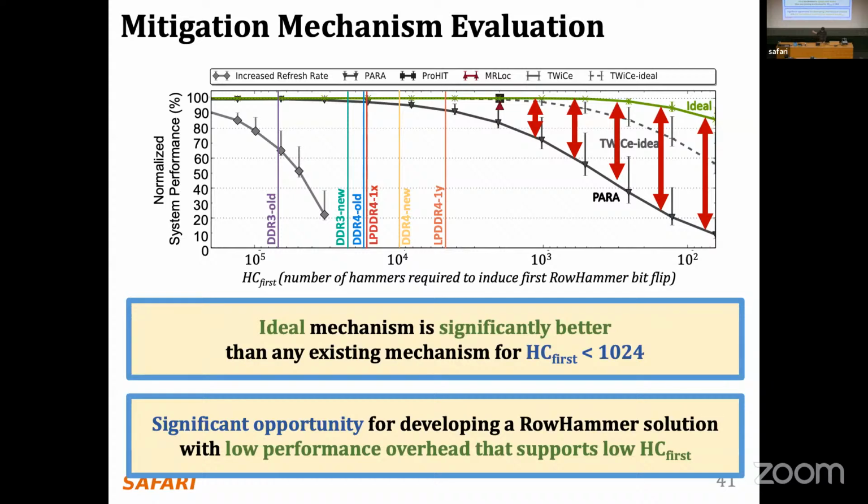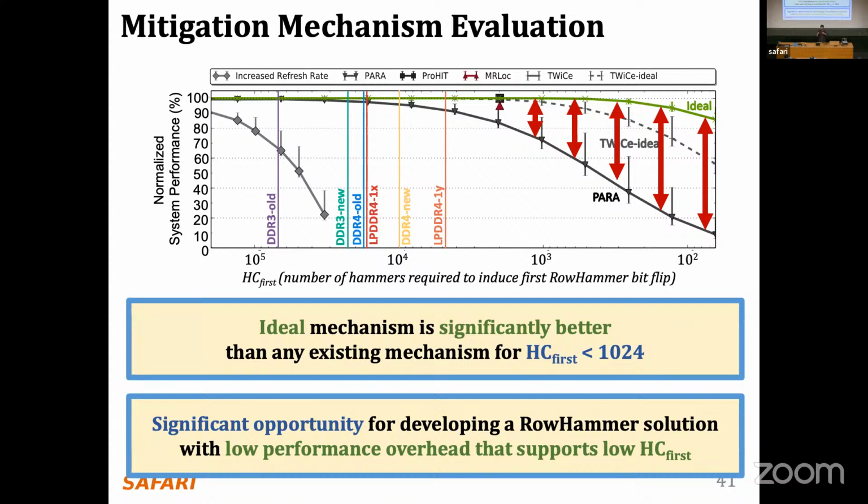We also evaluate an ideal mechanism. That is an oracle that has infinite capability to track and count which rows are activated the most.